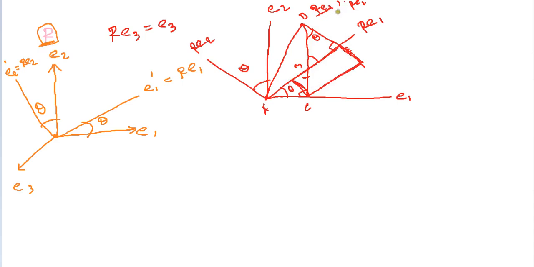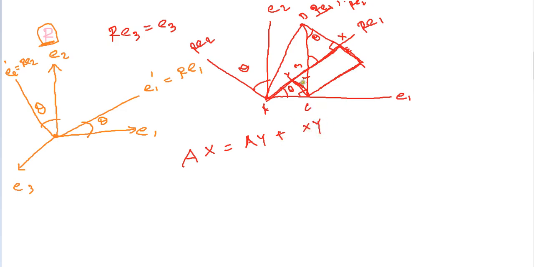Okay, so we have to find out re1, right? So what is re1? Re1 is the amount of this one, a to x, right? A to x here. So what is ax? Ax is nothing but, if we point it, say it is y, then we can write ay plus xy, right?